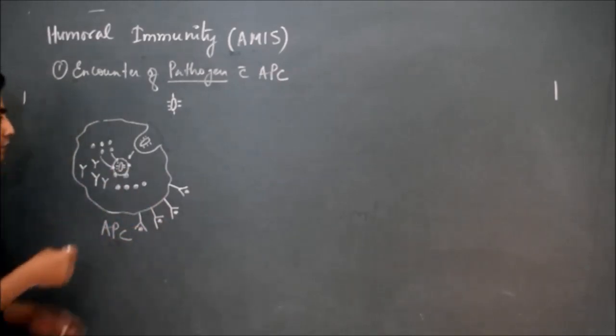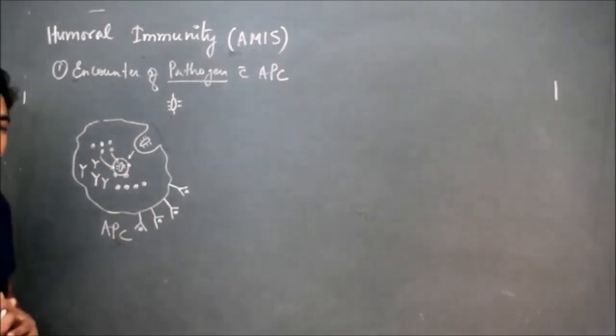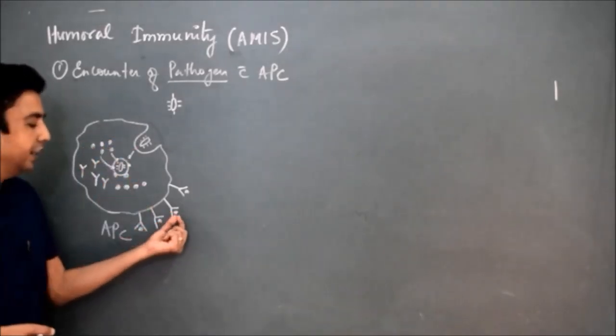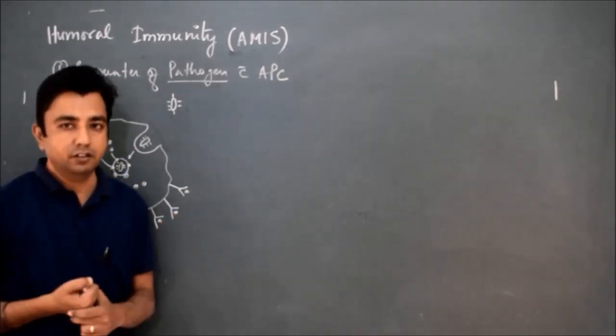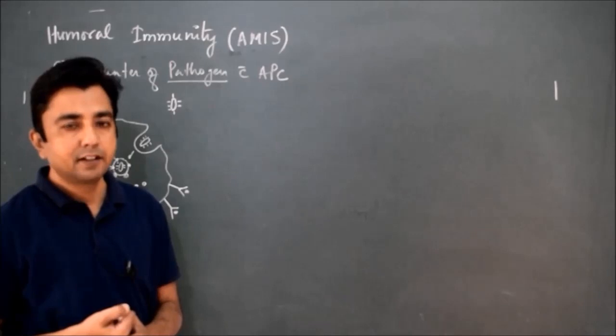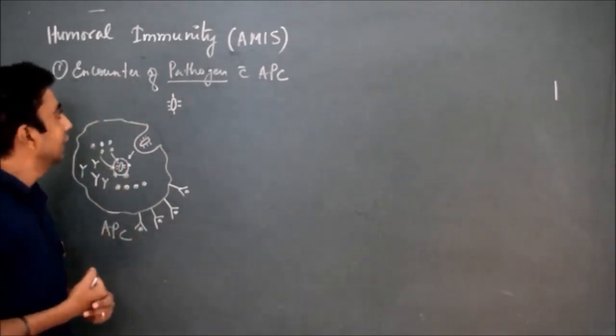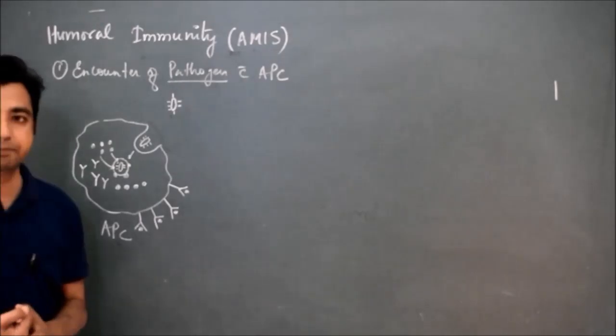Now we can call this macrophage an antigen presenting cell because this cell is presenting antigen on its surface. This is the first thing that happens in humoral immunity.